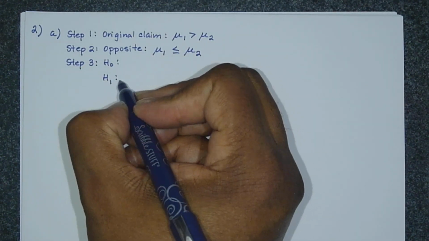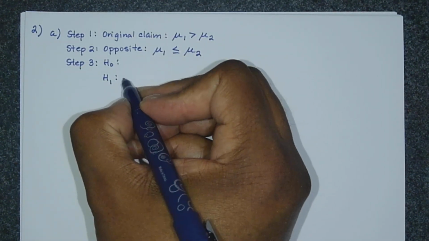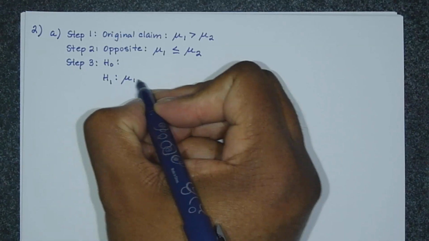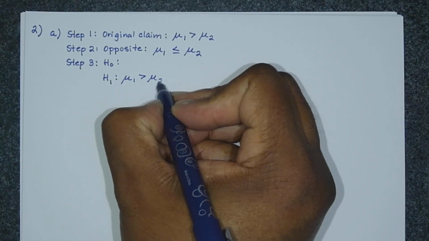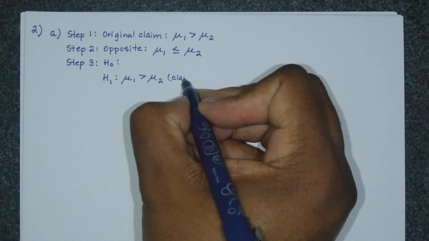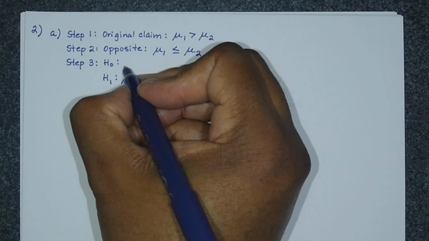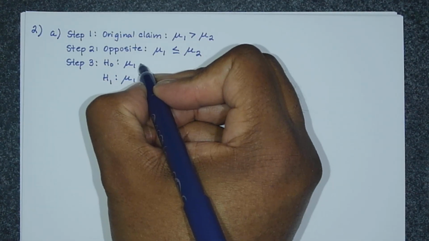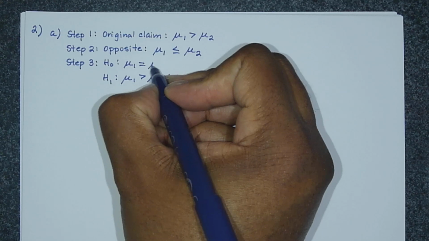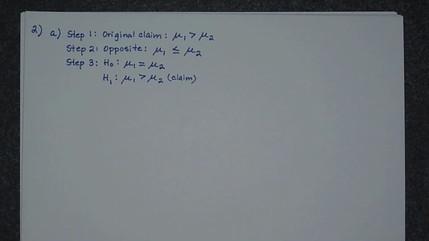Okay, so which one would be the alternative hypothesis here? Okay, yeah, mu sub 1 is greater than mu sub 2. And in this case, that is the claim. And for the null, mu sub 1 is equal to mu sub 2. Null always has the equal to sign in it.